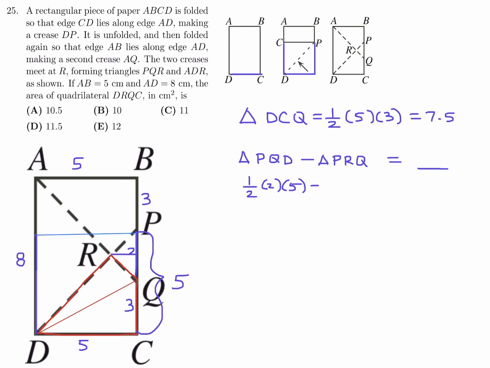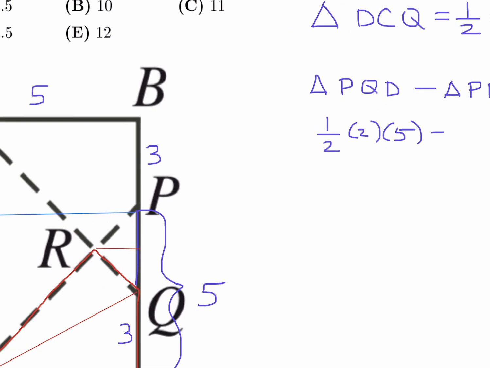But the height from there to there, how do I figure out the height? Well, I'll just draw in the height in red. First, let me remove that 2 there. So here's the height right there.